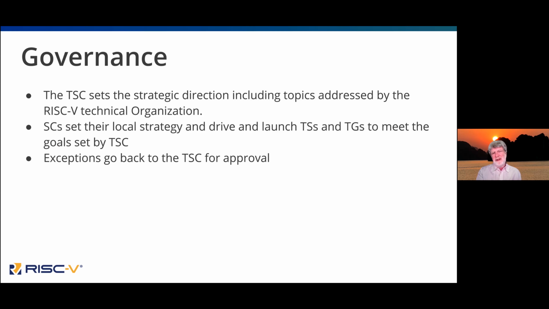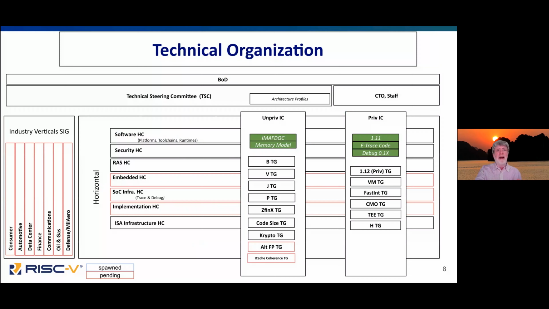So we changed some of the names recently just to make them reflect more of what we're actually doing. And so if we go back to this picture, again, the UnPriv IC and the Priv IC, those are the ISA committees, used to be called standing committees, are now called ISA committees. And then the horizontal committees also were standing committees.